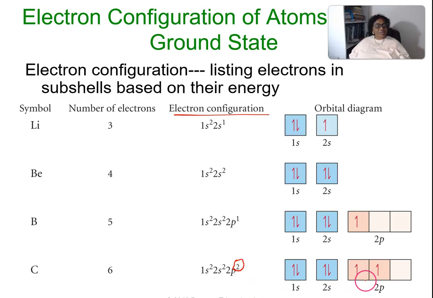The orbital diagram will show you that the electrons are unpaired. The electron configuration will not show you that the electrons are unpaired. So that's why we draw the orbital diagram, so that we can see the orbitals which are not filled, that need to be filled.